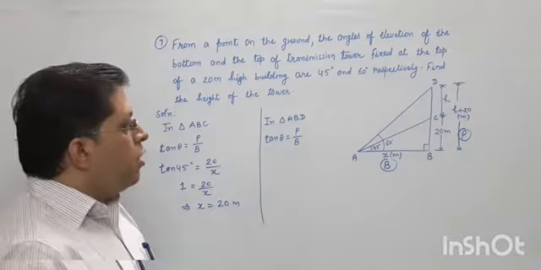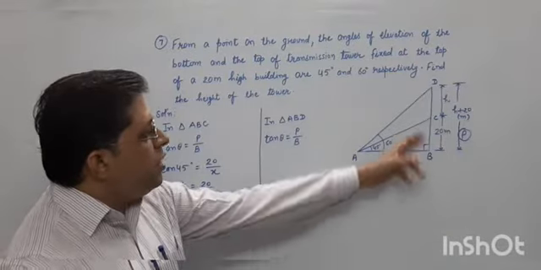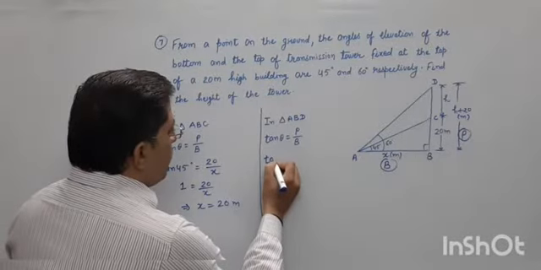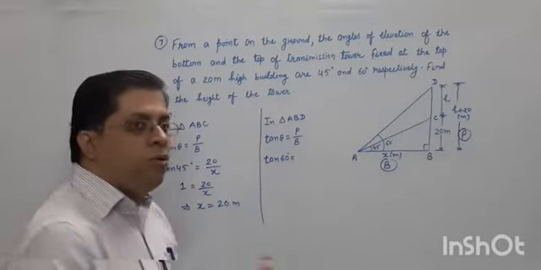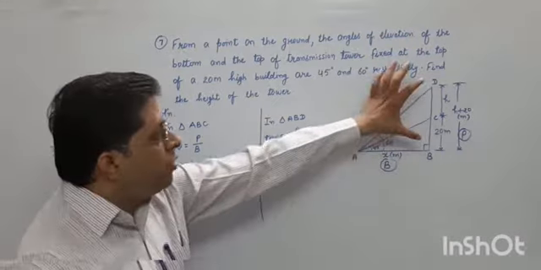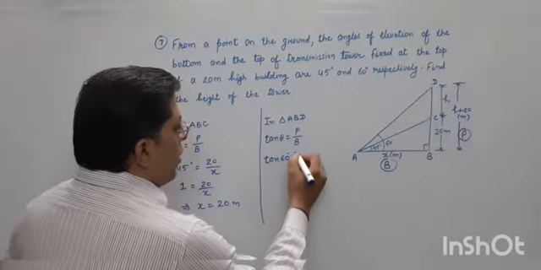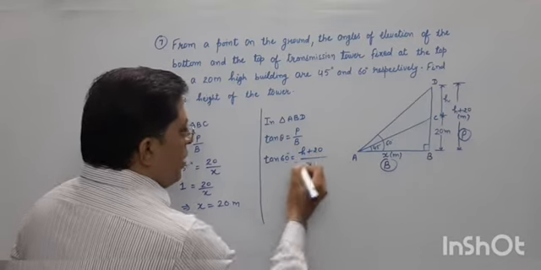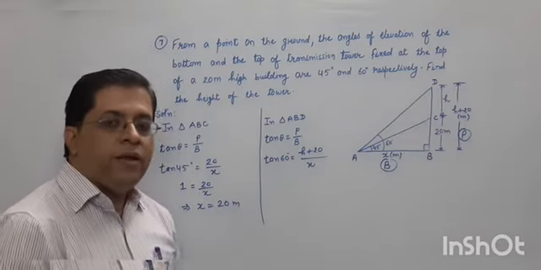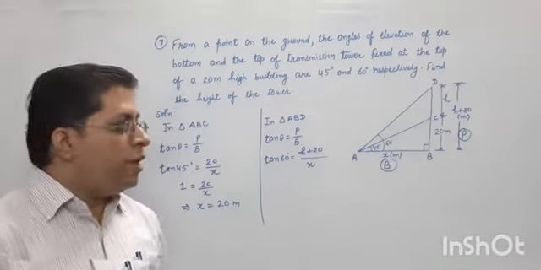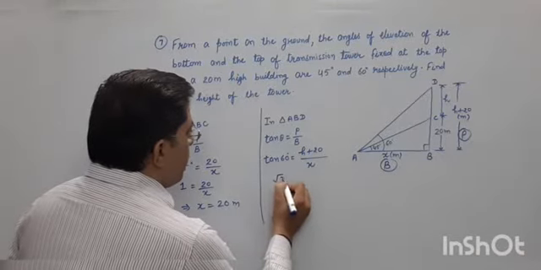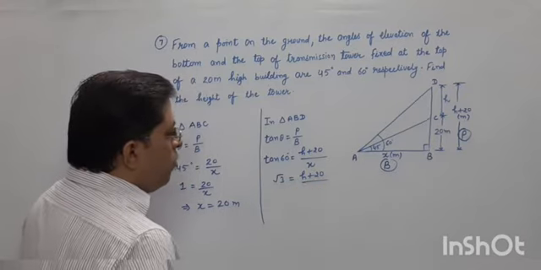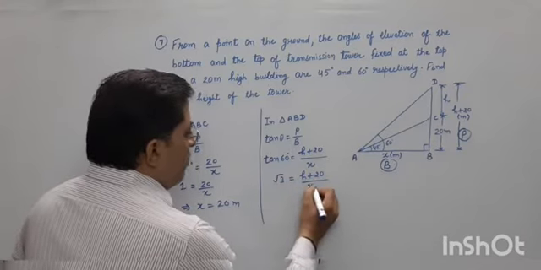Now come to the second triangle ABD. What is the angle? 60 degree. Tan 60 degree is equal to perpendicular upon base. What is perpendicular? This is h plus 20. And what is base? Base is common, x. Tan 60 degree is under root 3. So here h plus 20, and you can write x.